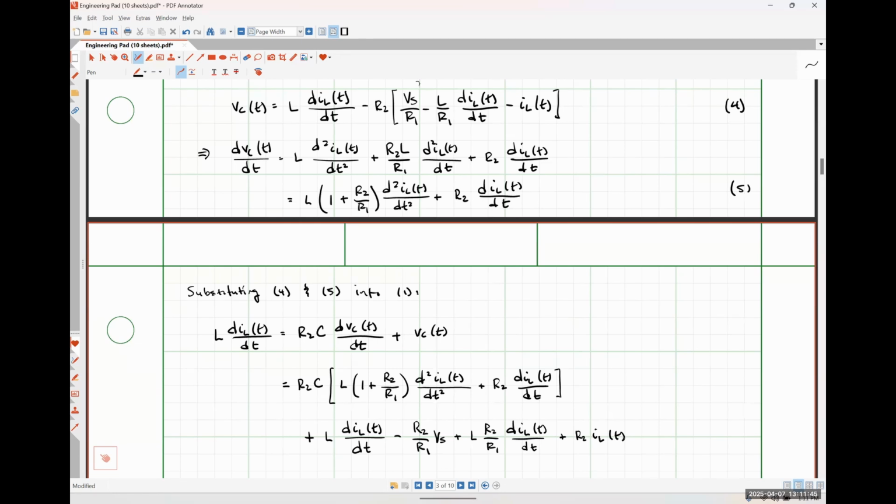So I have something that appears to be expressed entirely in terms of my inductor current, which is what I was aiming for. Now I just have to make sure that it doesn't all cancel itself out.